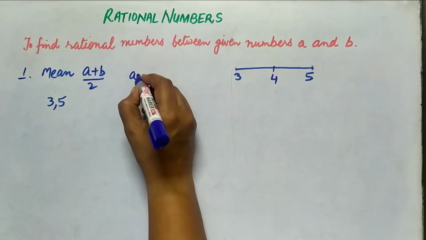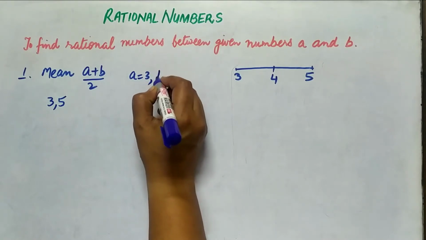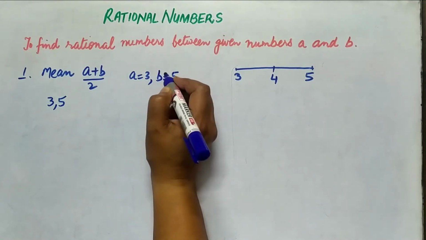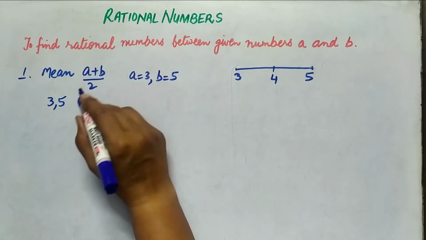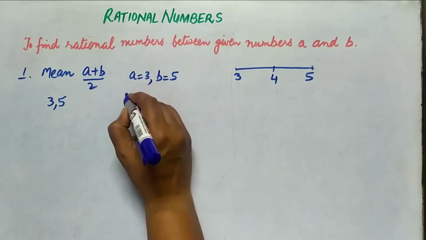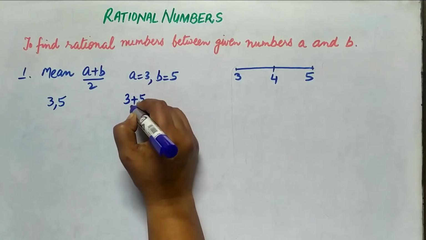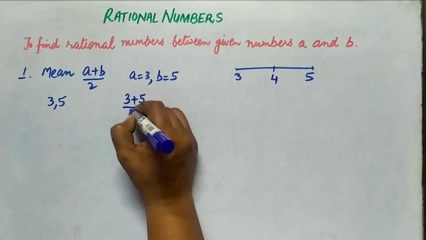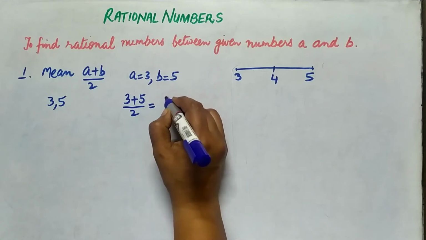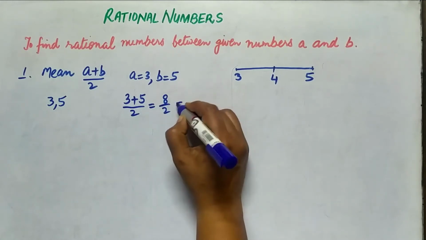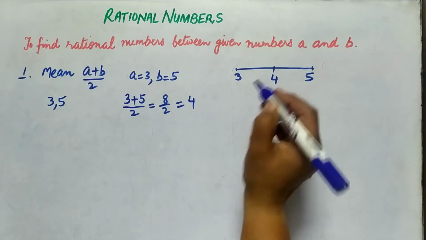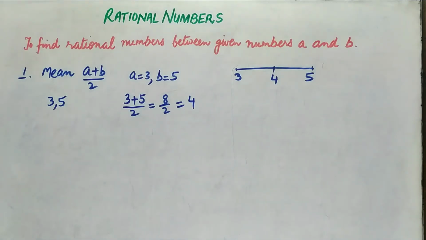We take a as 3, b as 5, the two given numbers, and put the values according to the formula: 3 plus 5, a plus b, divide by 2. It is 8 by 2 or the same number 4. In this way, we have found a rational number between two given rational numbers 3 and 5.